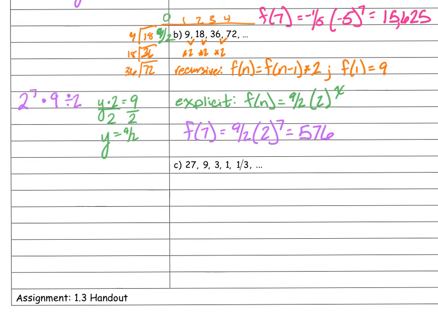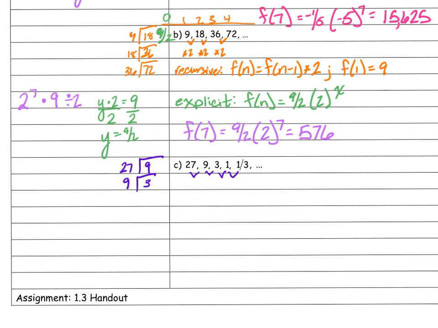Okay, so what am I going to do to get from 27 to 9, 9 to 3, 3 to 1, 1 to 1/3? Okay, so how do I do it? I do 9 divided by 27, or 3 divided by 9.